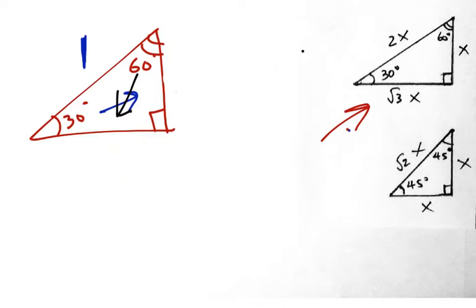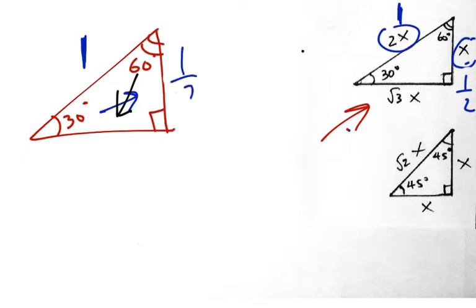If this is 1, then my short leg is half of whatever I have here. Because if my short leg is x and my hypotenuse is 2x, then let's pretend that x is 3, then my hypotenuse is 6. But in this case, my hypotenuse is 1, therefore this is half.